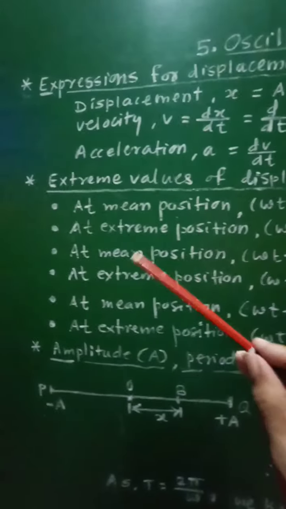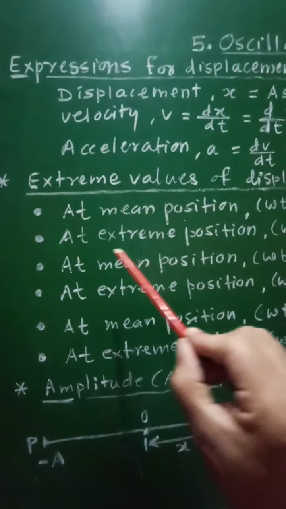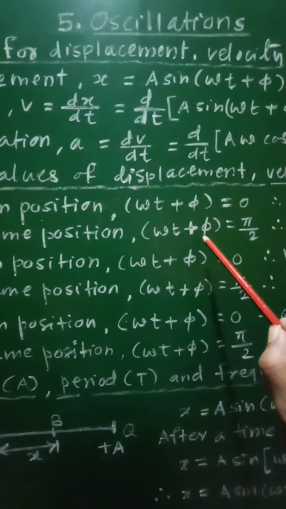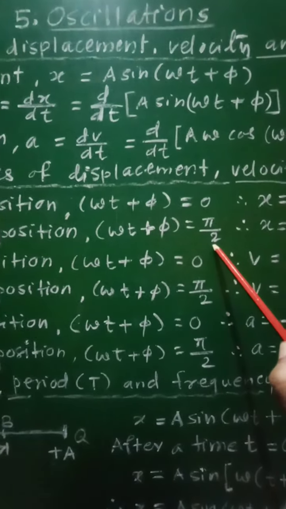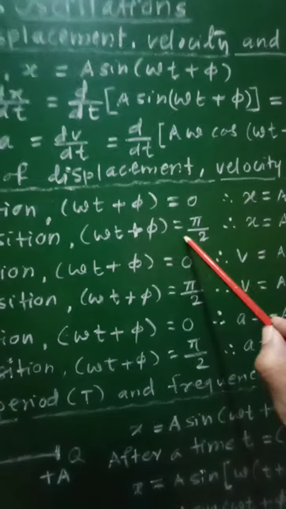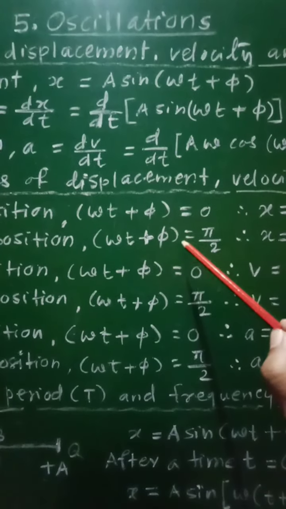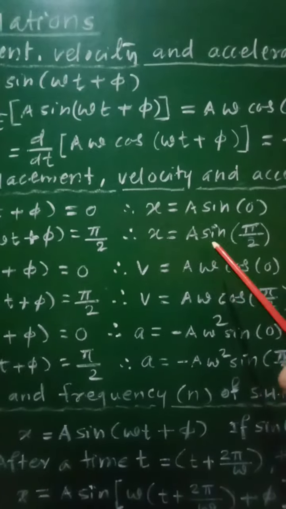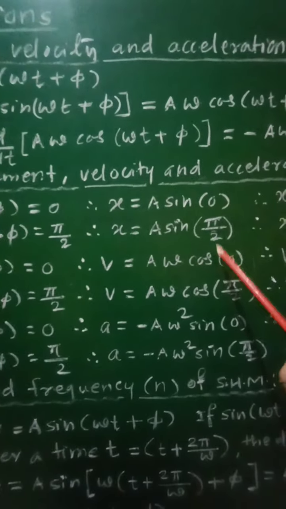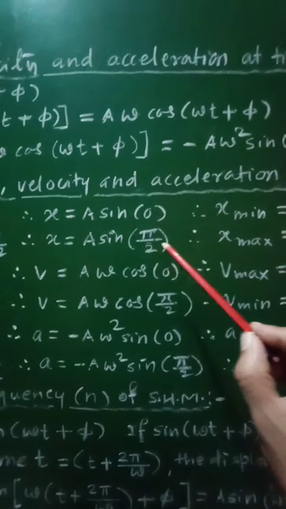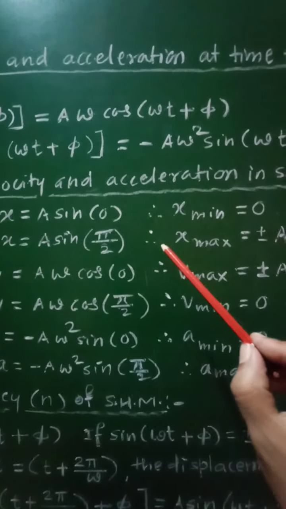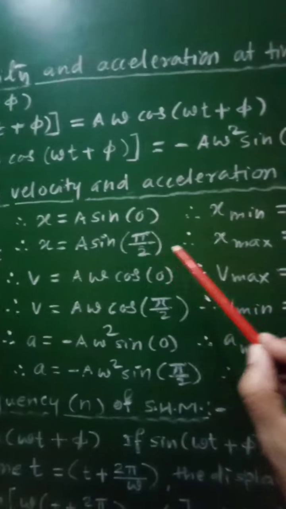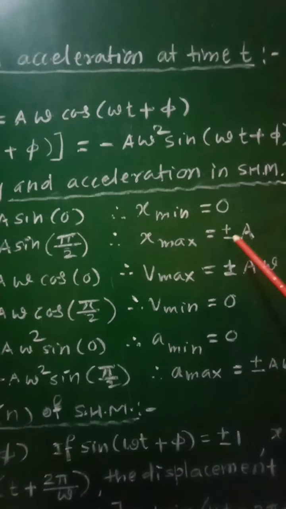Now let us consider the extreme position. At extreme position we have phase omega t plus phi equal to pi by 2, and therefore putting this value of omega t plus phi in above equation we will get x is equal to a sin pi by 2, but sin pi by 2 is equal to 1, and therefore we will get x is equal to plus or minus a.